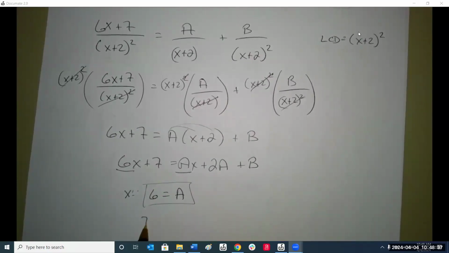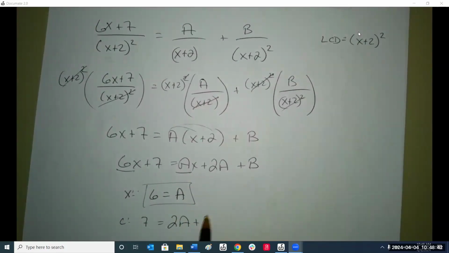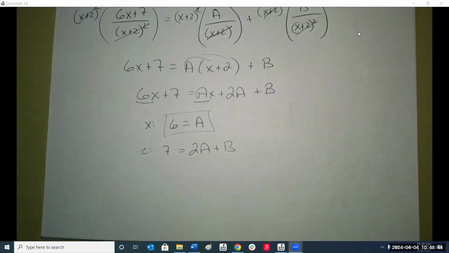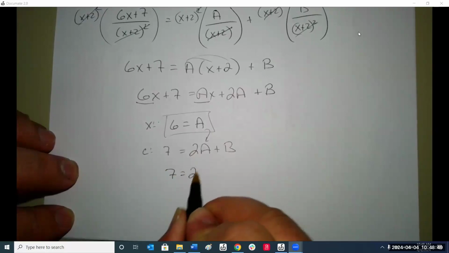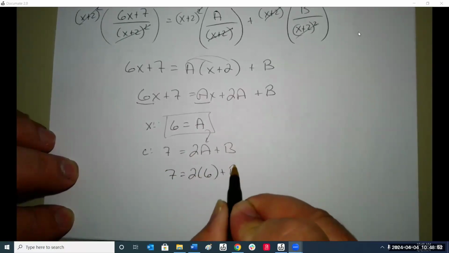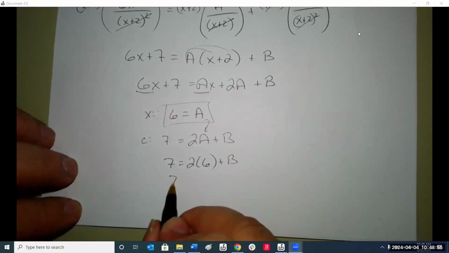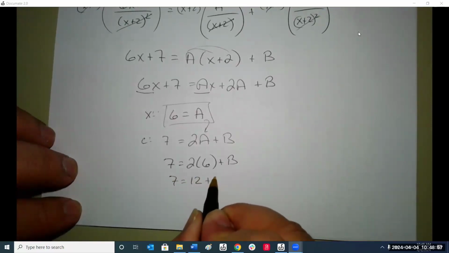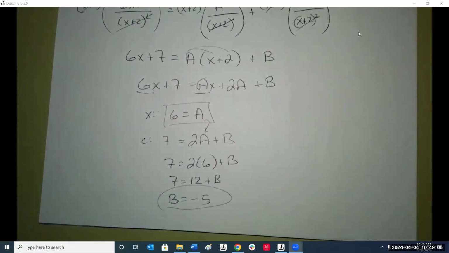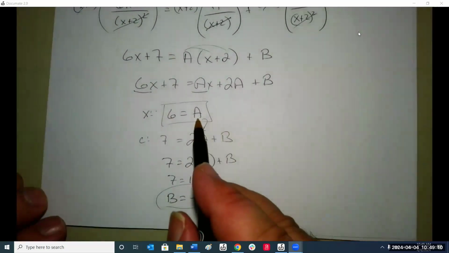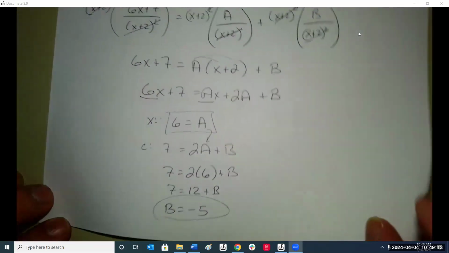And the constant numbers, 7 equals 2A + B. Since I know A equals 6, I can solve for B that way. So B is equal to -5. So A is 6, B is -5.